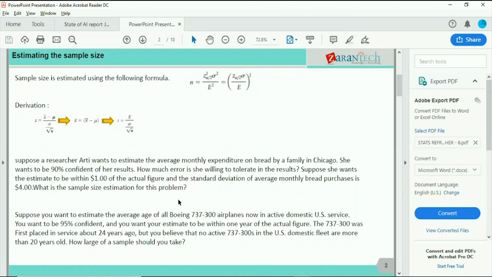Because I thought a standard deviation is already there as $4. Suppose if this was not given and somebody would say the estimate should be within $1, why would it not be standard deviation?